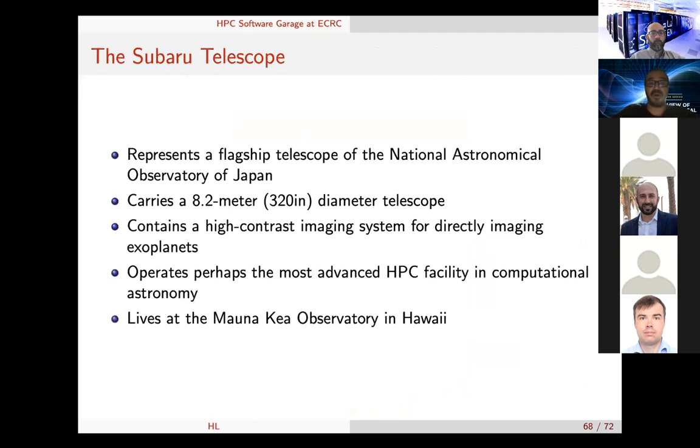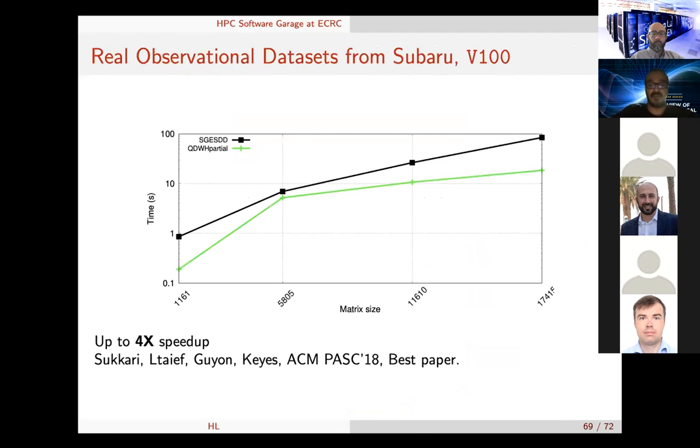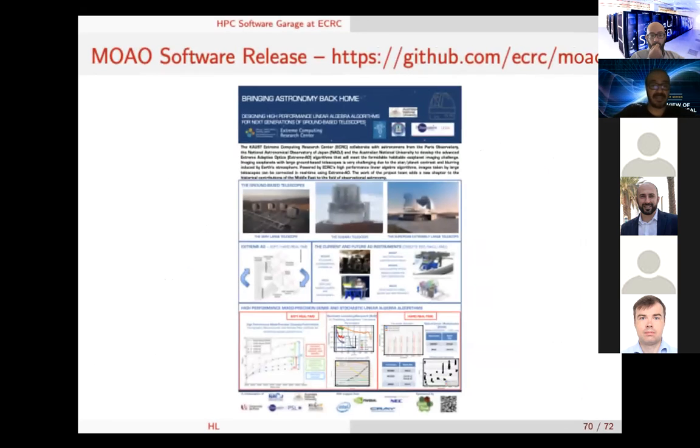But we deployed our software into that GPU cluster because we are able to provide them a huge performance gain when it comes to doing the SVD operation.